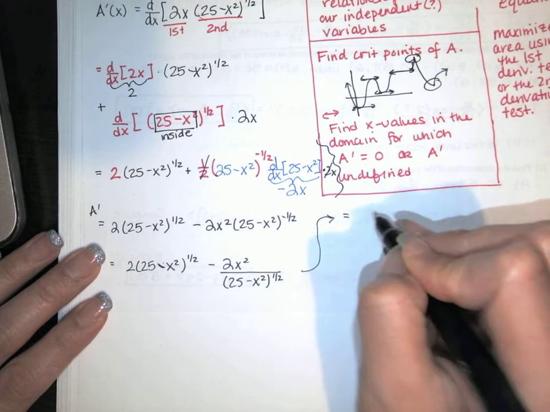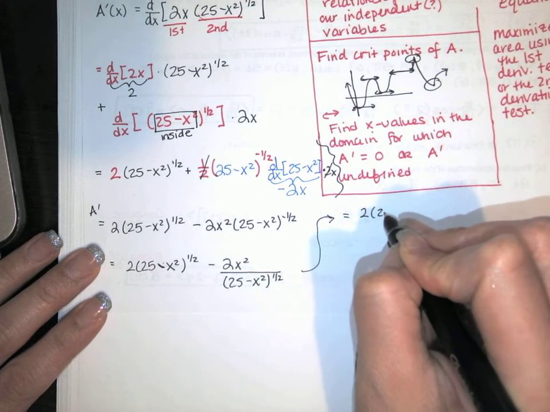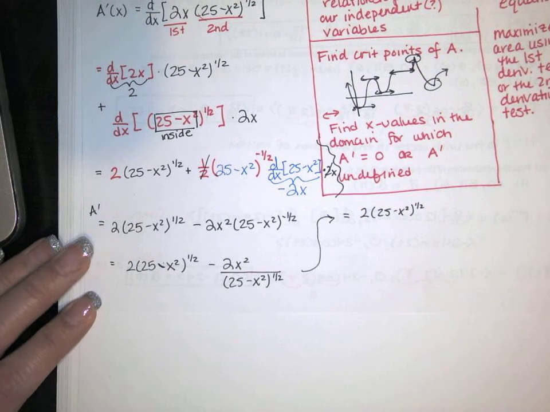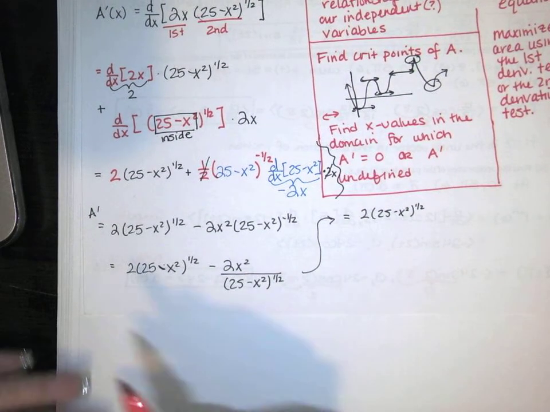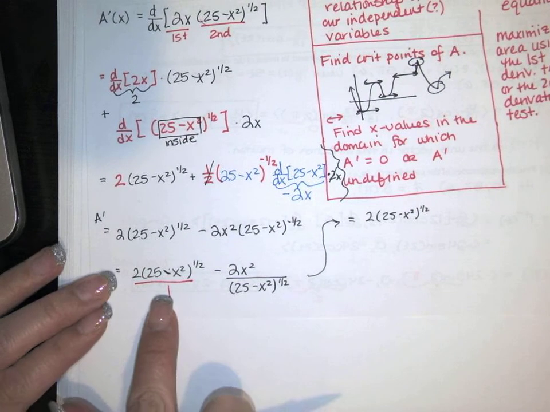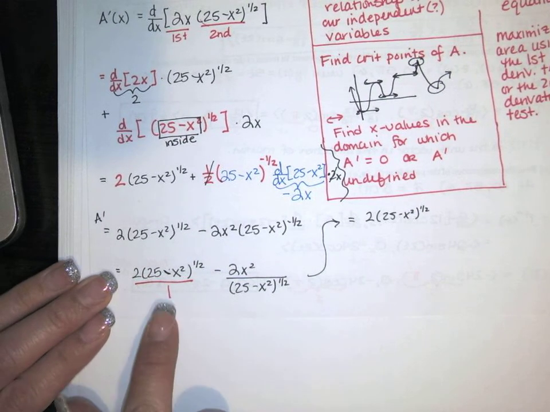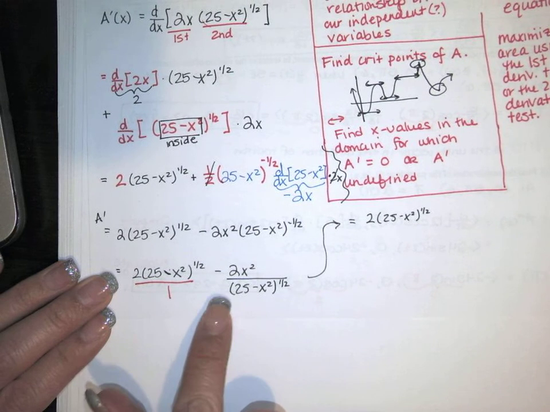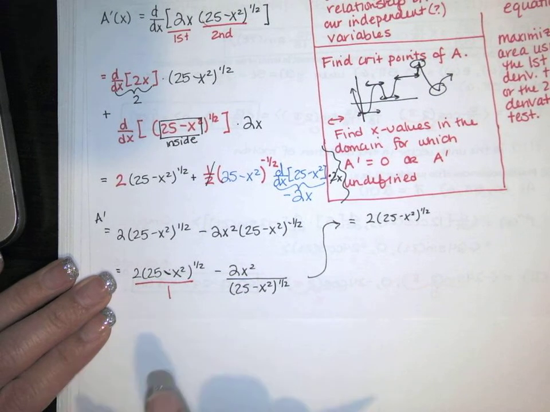Now, if I want a common denominator, I've got to imagine there's an implied 1 here. In order to make the denominators the same, I need to multiply this 1 by this denominator.